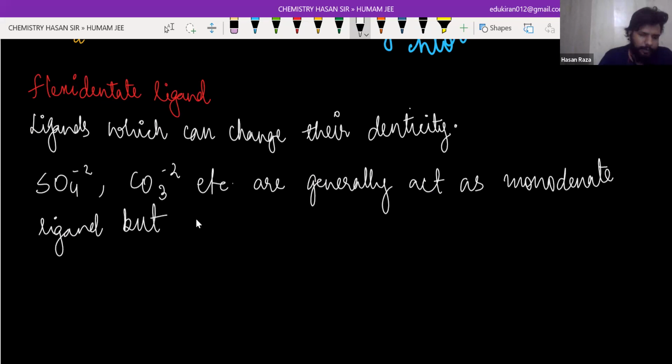But in some compounds, they act as bidentate.